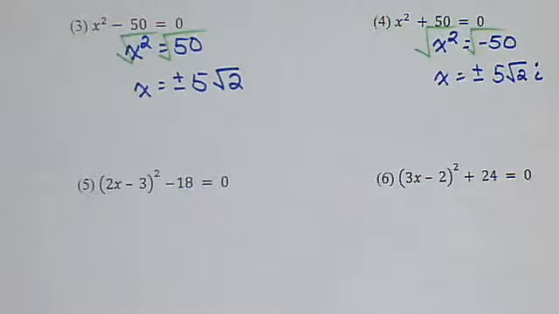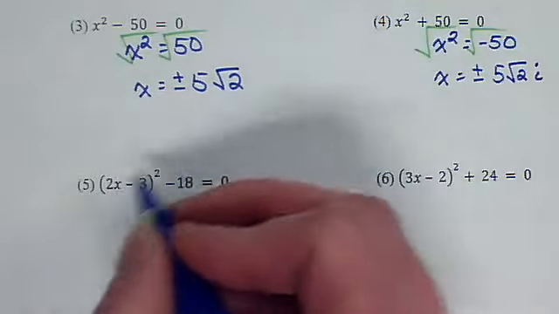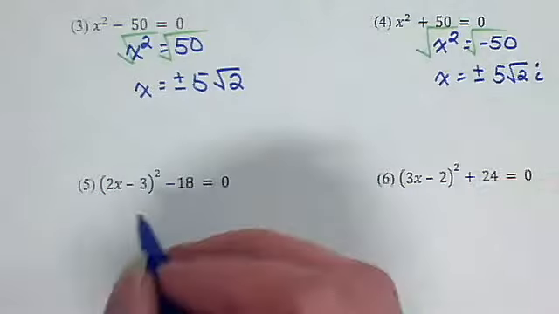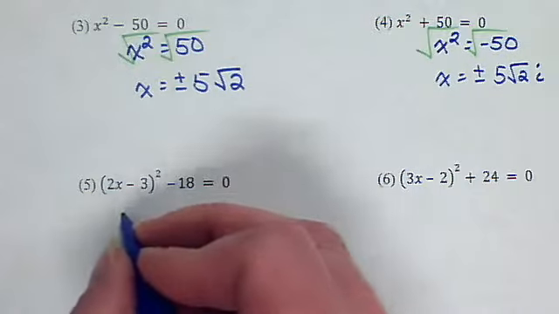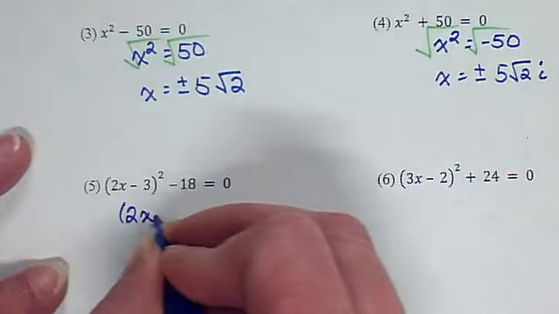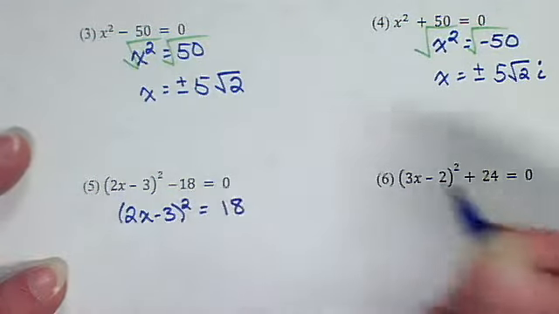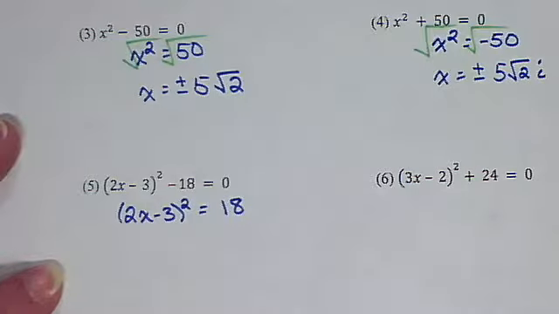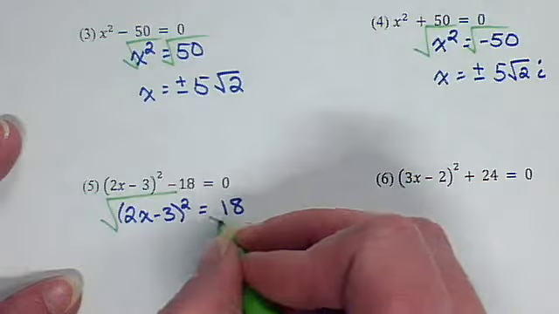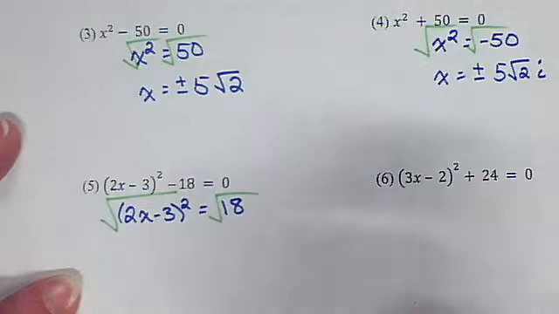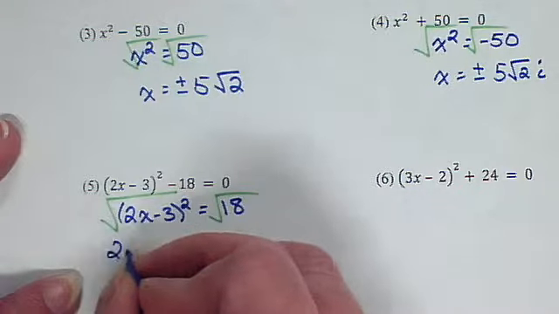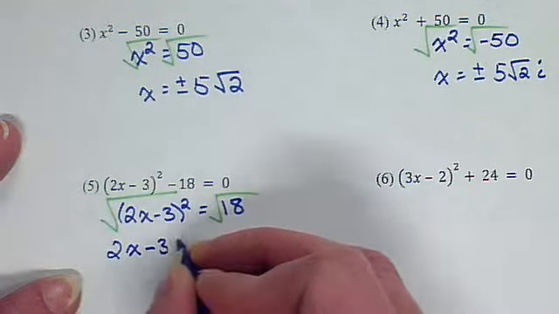Now let's see what happens here. I wonder if I can do the same technique. Instead of having to square all that out and everything, let's try adding the 18 over there. I wonder if I can take the square root of both sides. Now when I do, I know I need to have a positive or negative option on that right side.